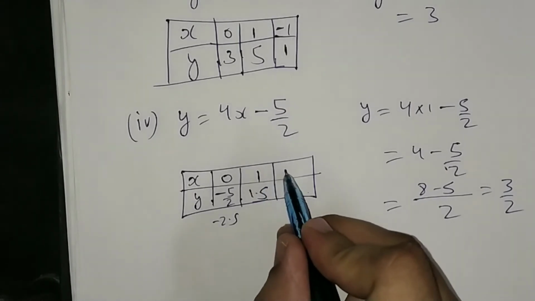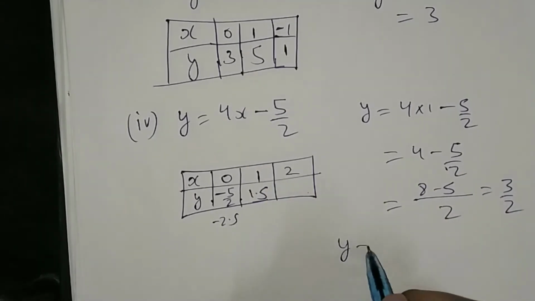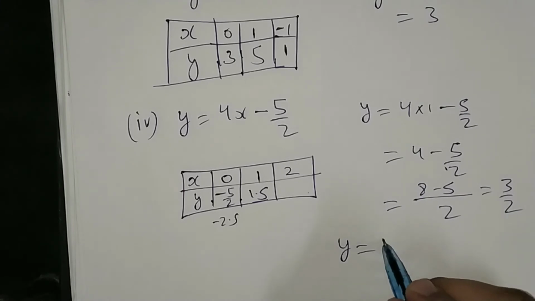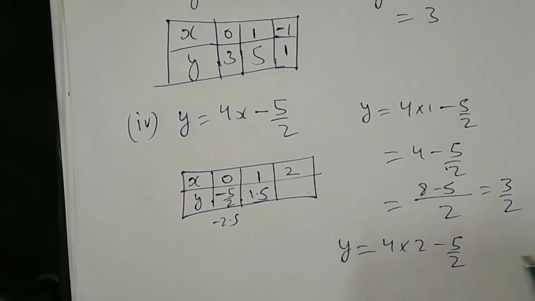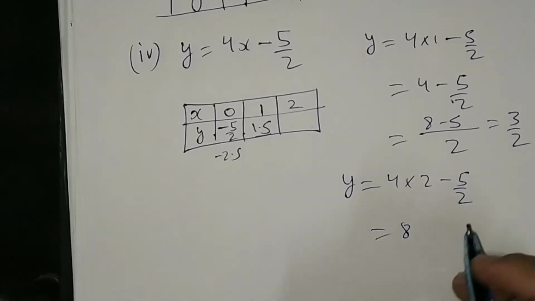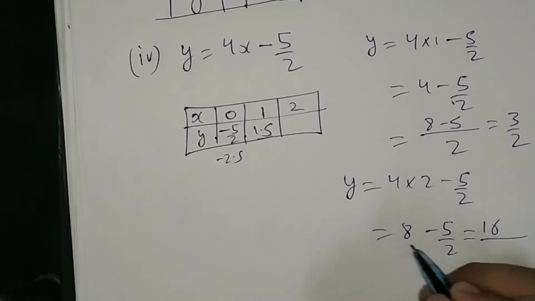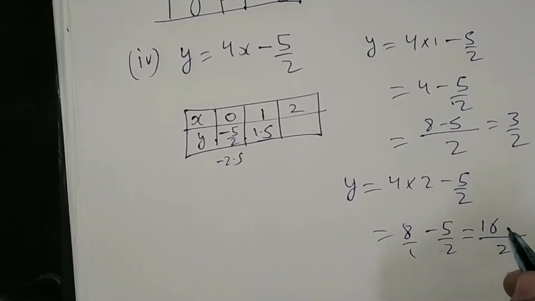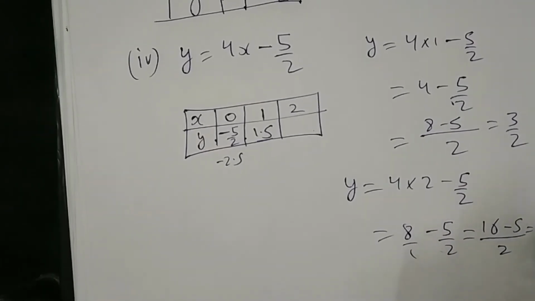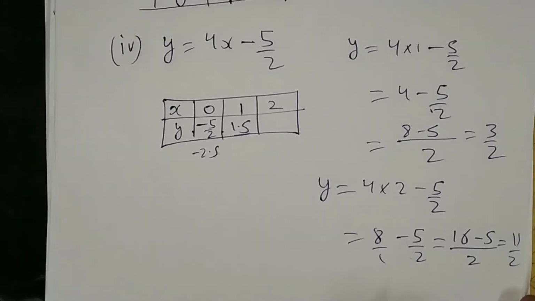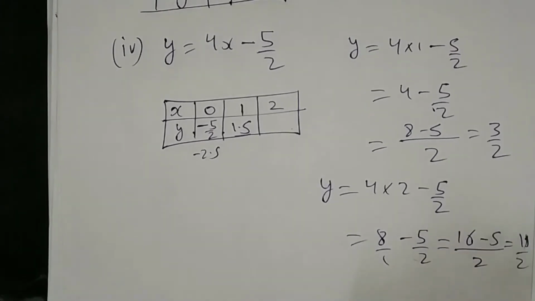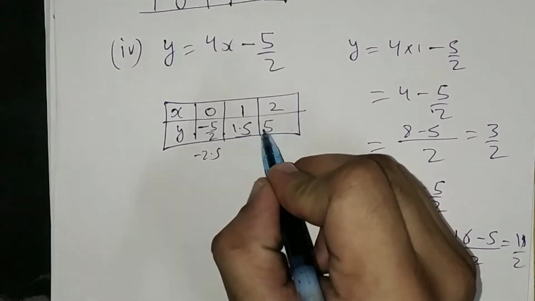Then take x equal to 2, so y is equal to 4 into 2 minus 5 by 2, that is 8 minus 5 by 2, 16 minus 5 by 2, so that is 11 by 2, that is 5.5.